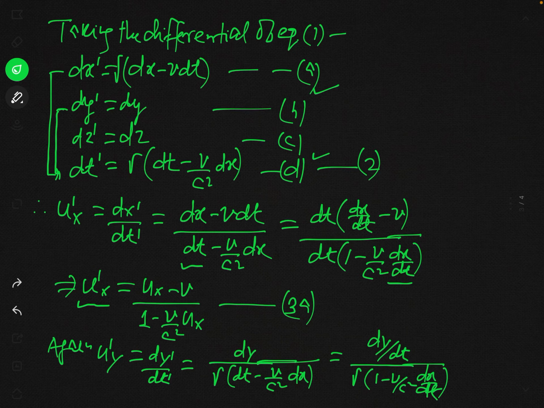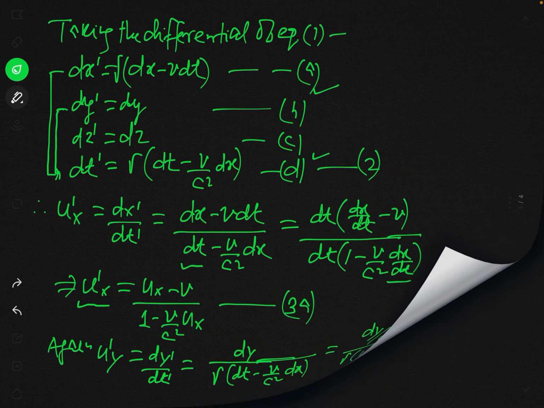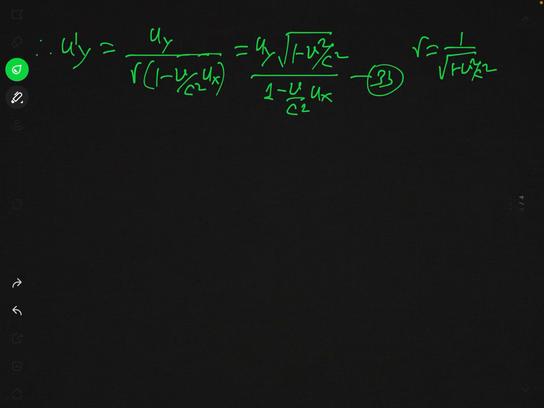The only difference is that we simply change the variable y to z, and when we write the velocity, z will be at the place of the subscript. So similarly, you can write without calculation the expression for u prime z. I am writing it here, and you can check it yourself.